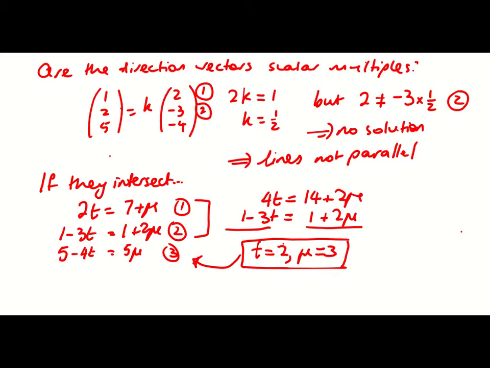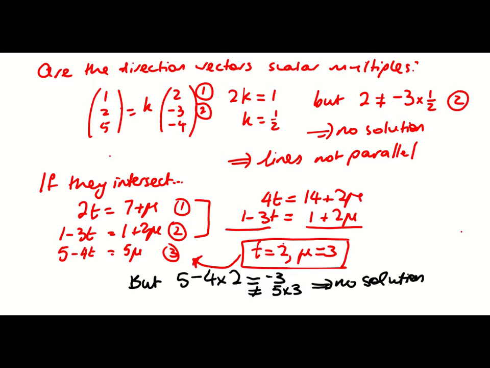But now we're going to substitute them into this one here, and we're going to show that that doesn't work. So we're going to write something like this, but 5 minus 4 times 2, making our substitution really clear. So 5 minus 8 gives me negative 3, which is not equal to 5 times 3. Therefore, there's no solution.